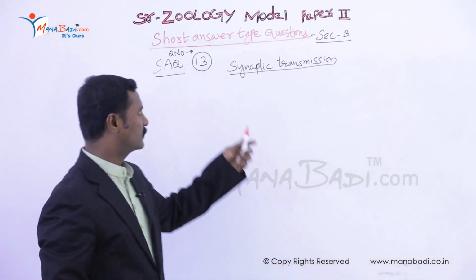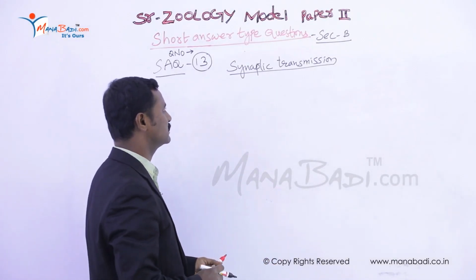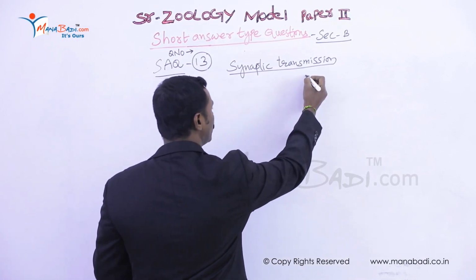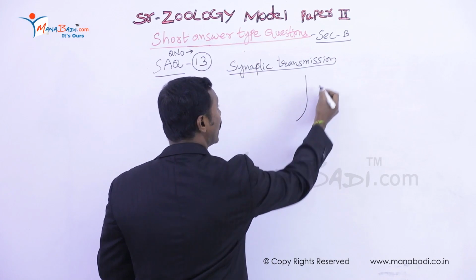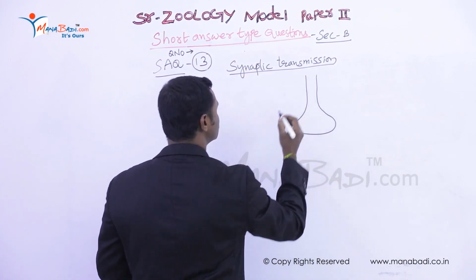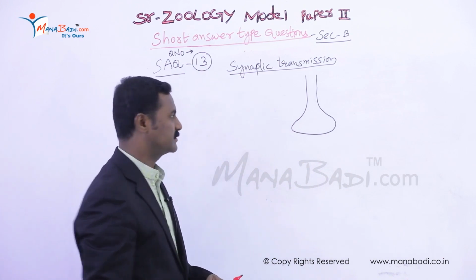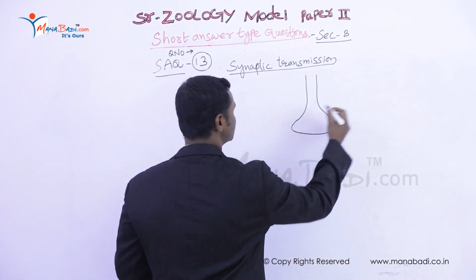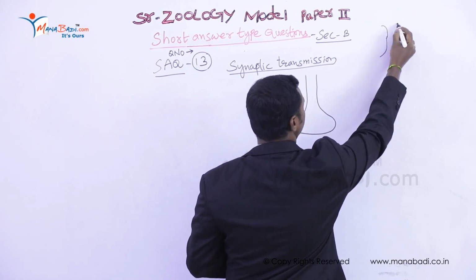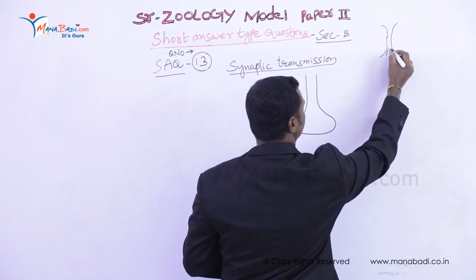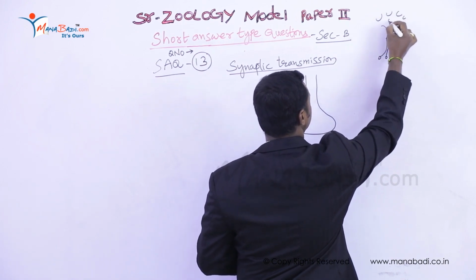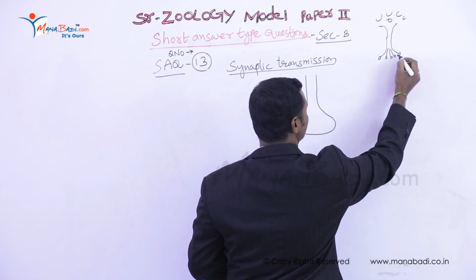Right students, now we are going to discuss question number 13, that is synaptic transmission. In the nervous system, how a neuron is able to send a signal to another neuron, that's what we are discussing in this topic. This is all about synaptic transmission. First of all we will see what a synapse is. Suppose this is one neuron, and this neuron ends with axon.